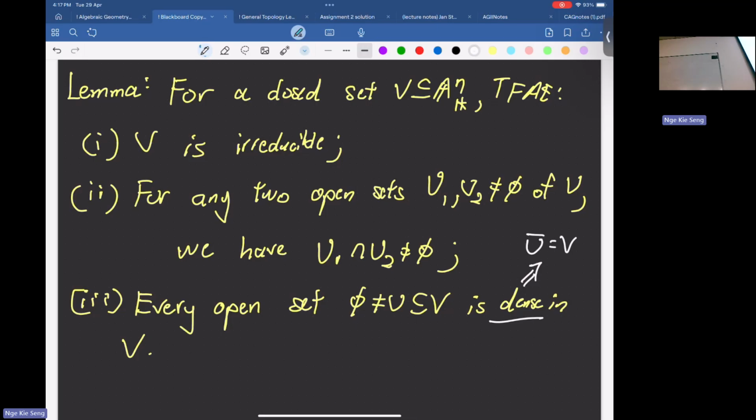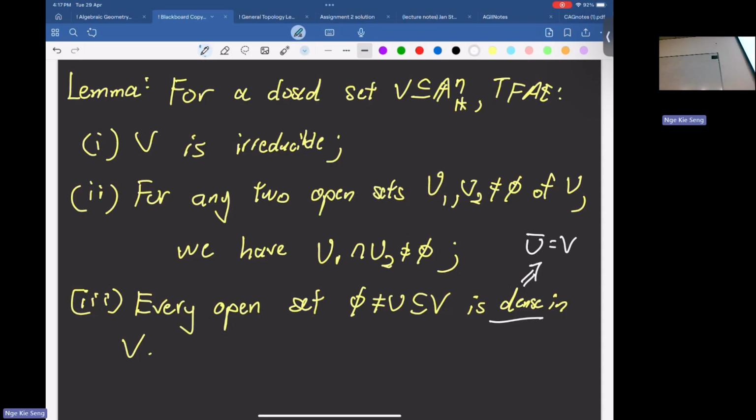Zariski topology has another definition. We haven't introduced the idea yet, but we will soon. If you take an algebraic set, or not even an algebraic set, just a subset of the affine space, you can look at the ideal of functions that vanish on these points.